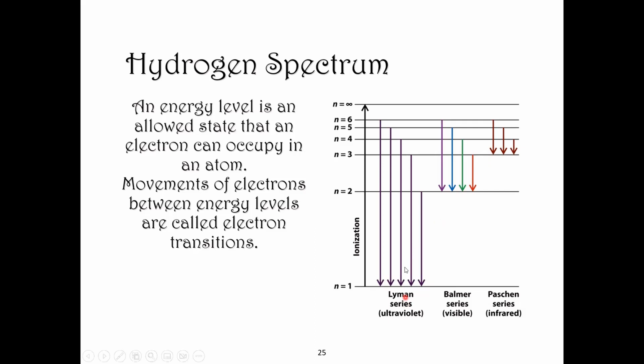And like I said before, these transitions, in this case, since they're going from higher to lower energy, if we think about energy in general, like the previous chapter, it can't be created or destroyed.